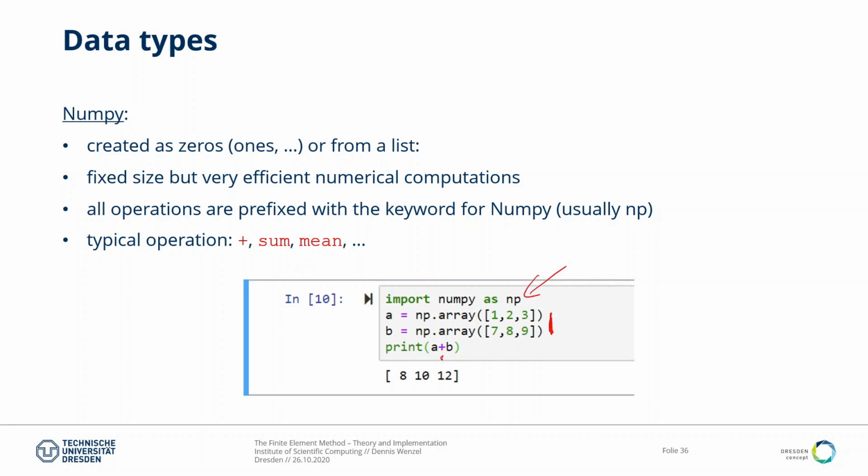The reason is that NumPy, although it is a standard module, does not belong to the core of Python. So whenever I want to use it, I have to import it first. And usually it's common to abbreviate NumPy by np, such that in all further statements you can simply write np.array instead of addressing the full name numpy.array.